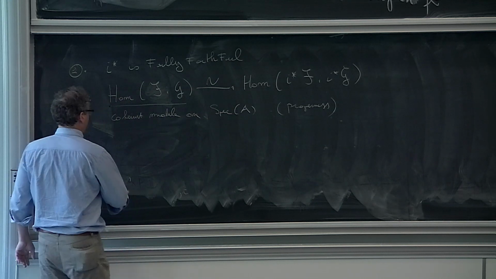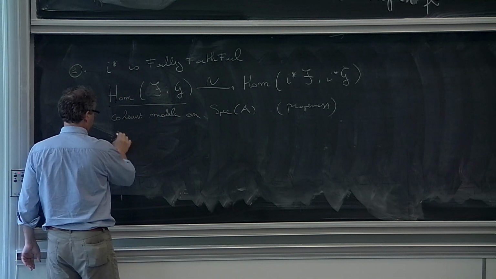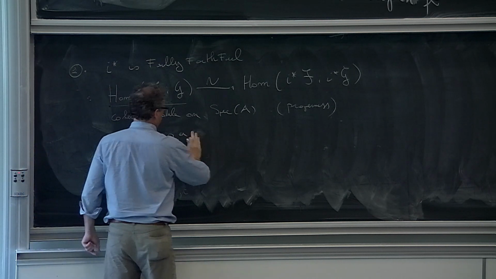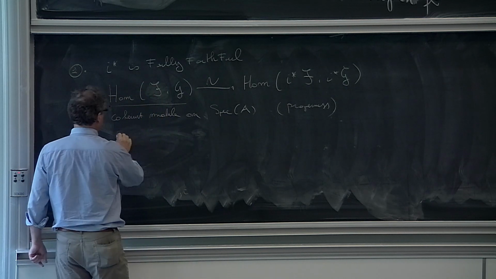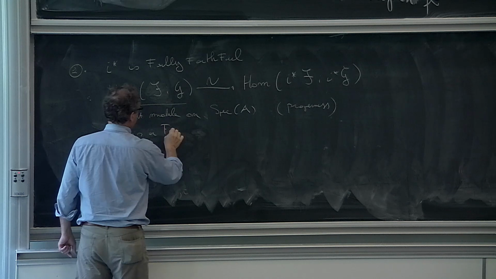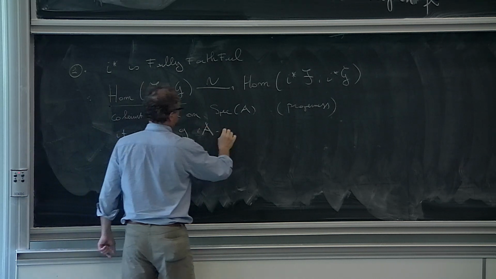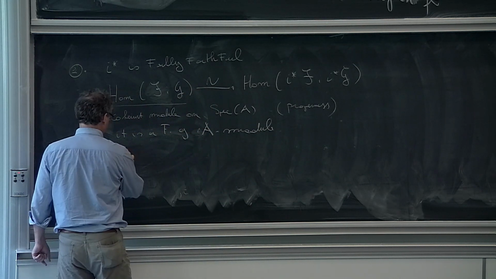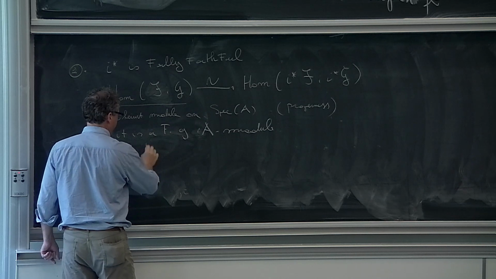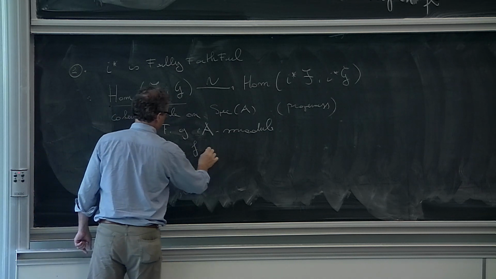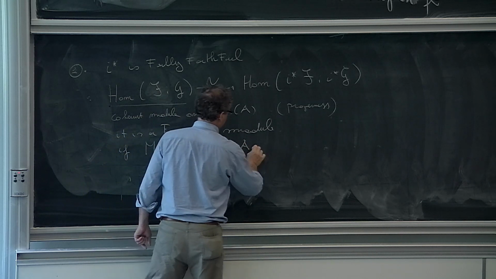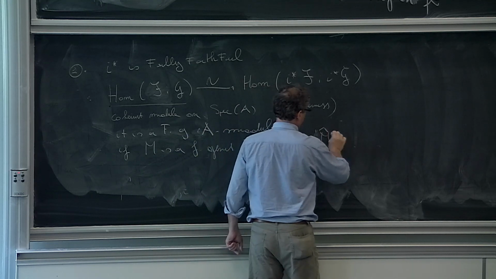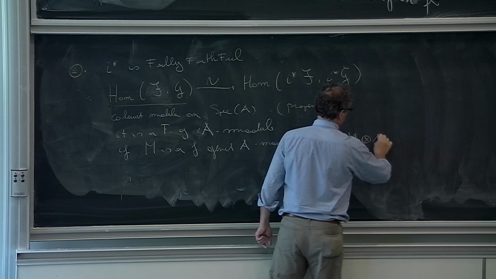And so, if M is coherent, it is, in particular, a finitely generated A module. But now, as I said to you yesterday, if M is a finitely generated A module, the completion of M is just M tensor A hat.